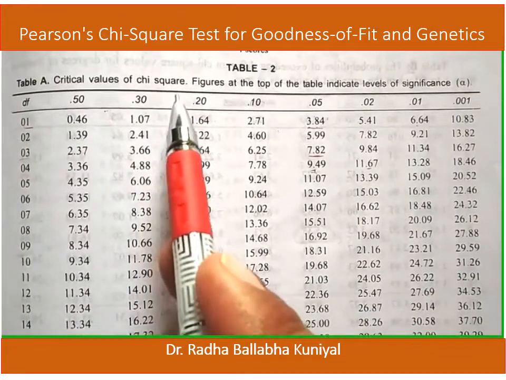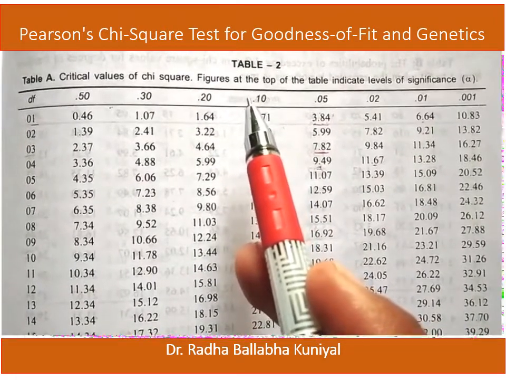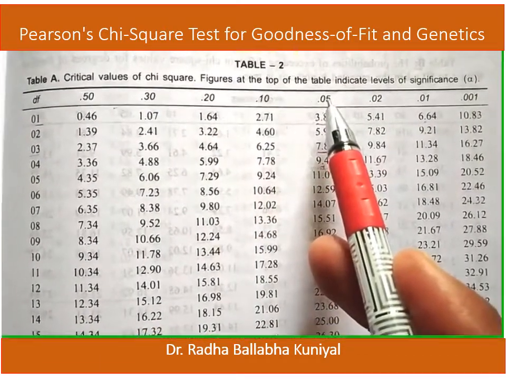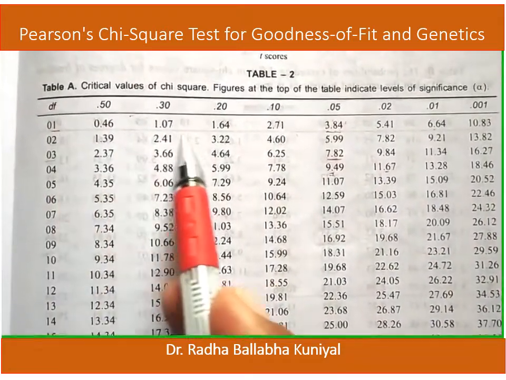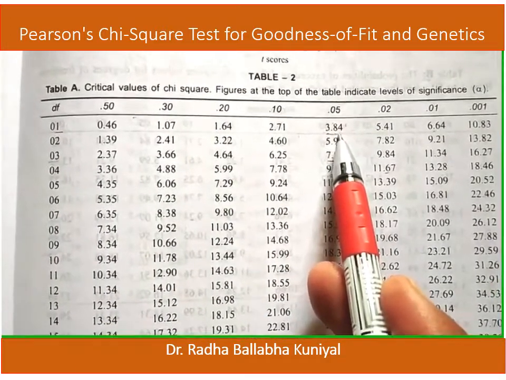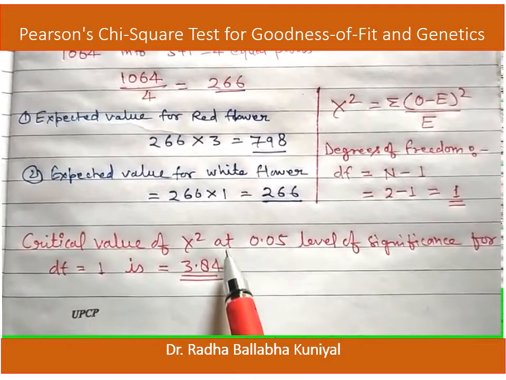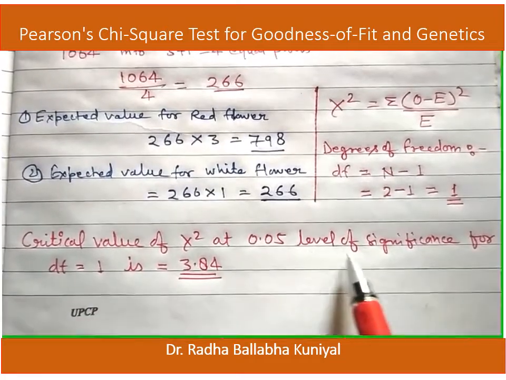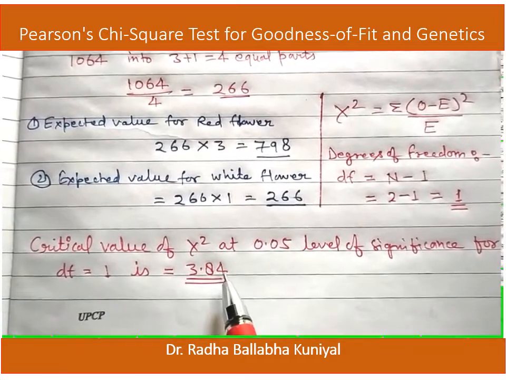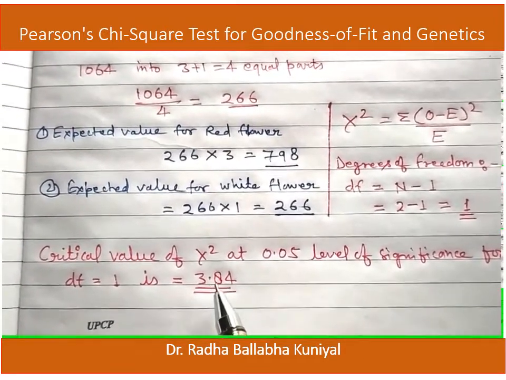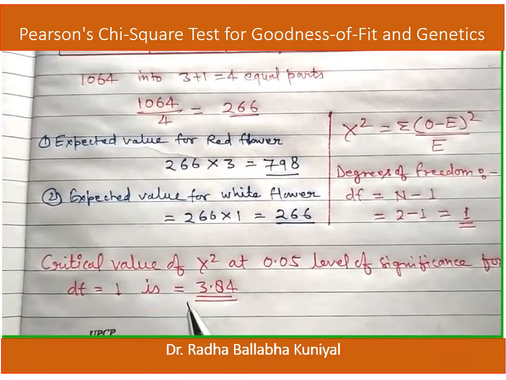This is the critical value chart for the chi-square test, and we have to see the critical value at the 0.05 level of significance for 1 degree of freedom. This value is 3.84. So the critical value of chi-square at the 0.05 level of significance for 1 degree of freedom is 3.84.